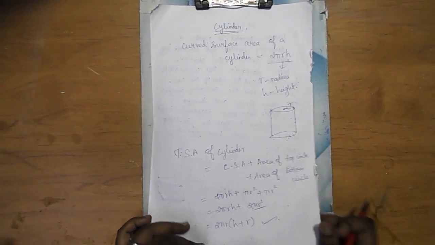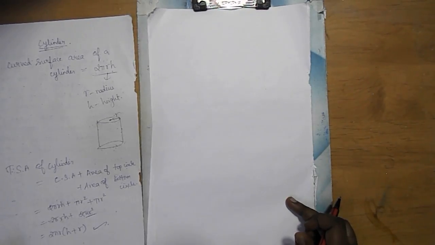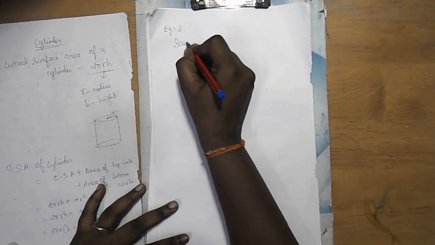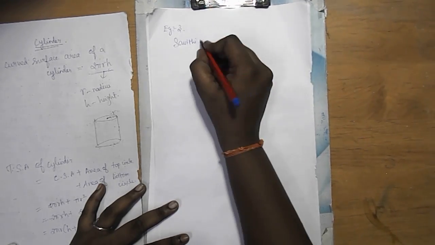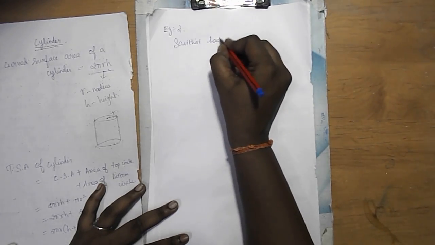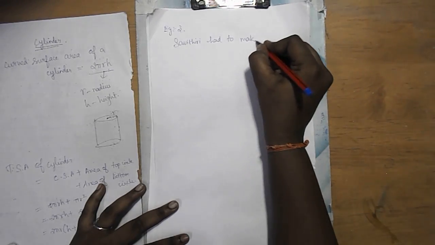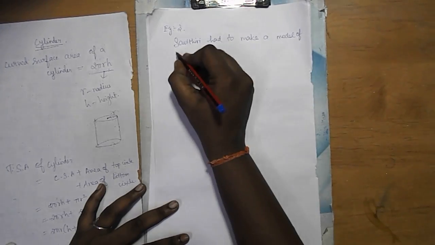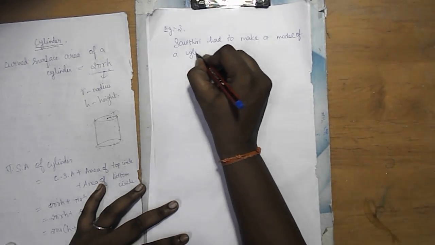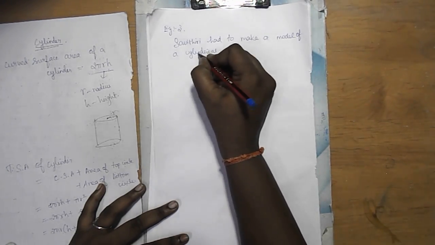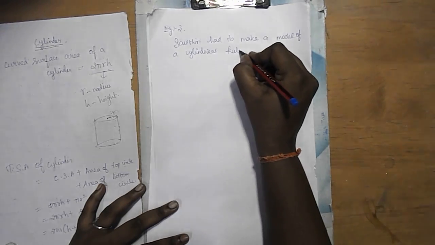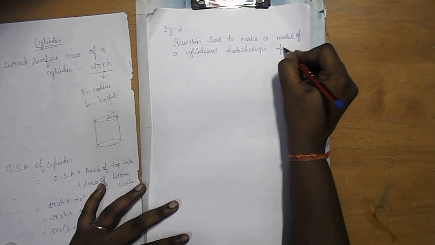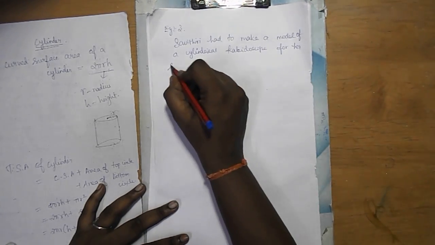Okay, next, example 3. Savitri had to make a model of a cylindrical kaleidoscope for her science project.